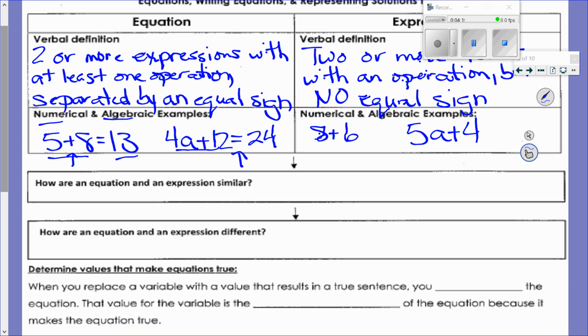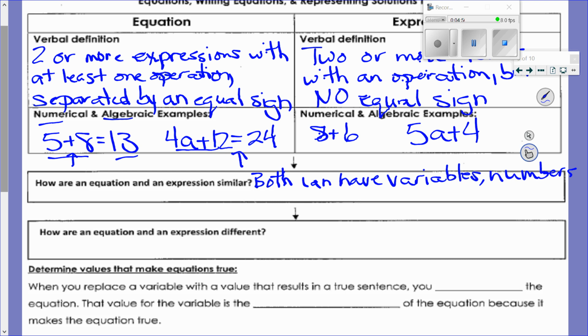So, looking at these, how are an equation and expression similar? What do you see the same between them, Presley? They both can have variables. Okay, both can have variables. Anything else? Michael? They both can have numbers. Is there something else you're going to add?